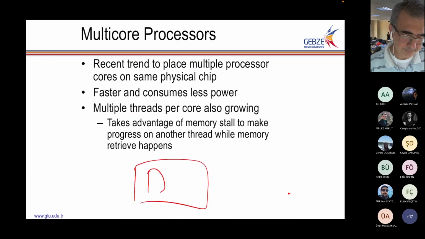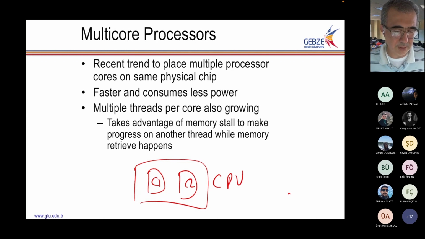You may have one CPU and multi-cores, so multiple processor cores on the same chip. What is the difference between multiple processors and multiple cores? When you have multiple cores, some parts are missing compared to having multiple processors.